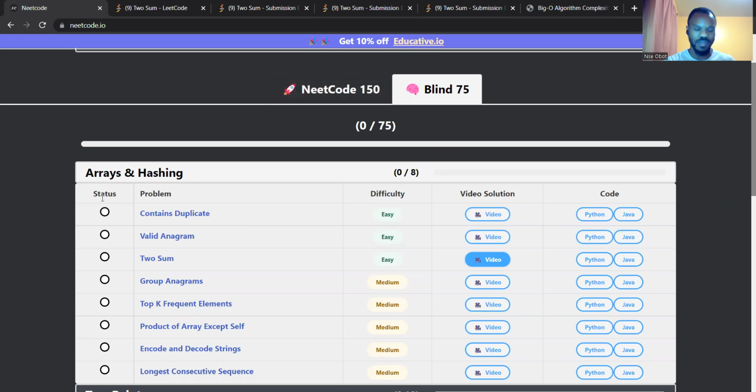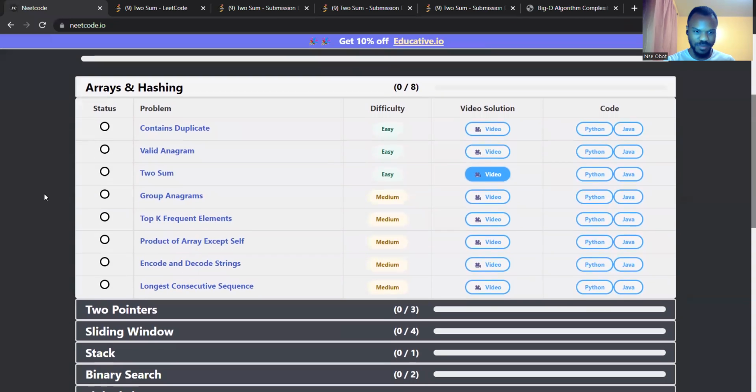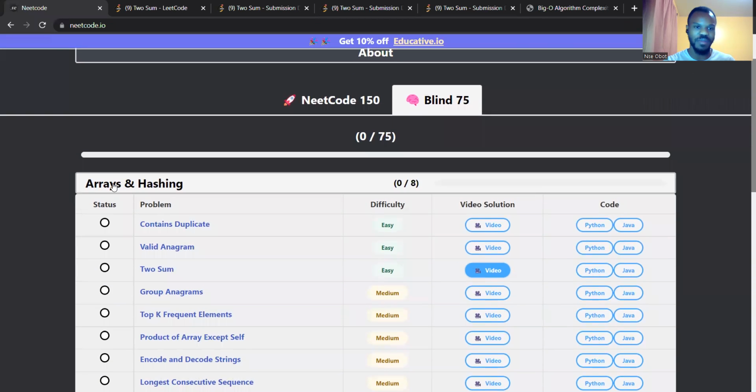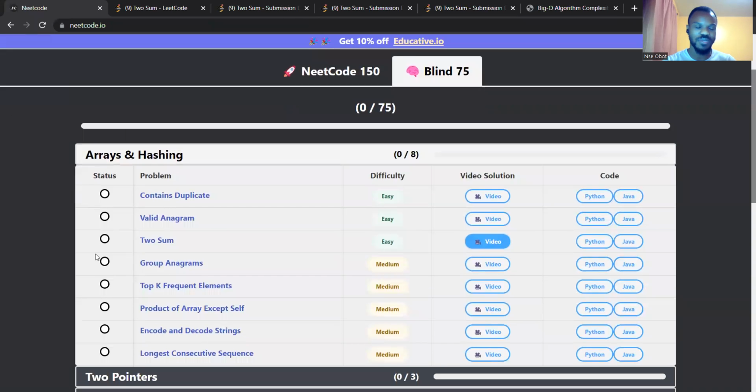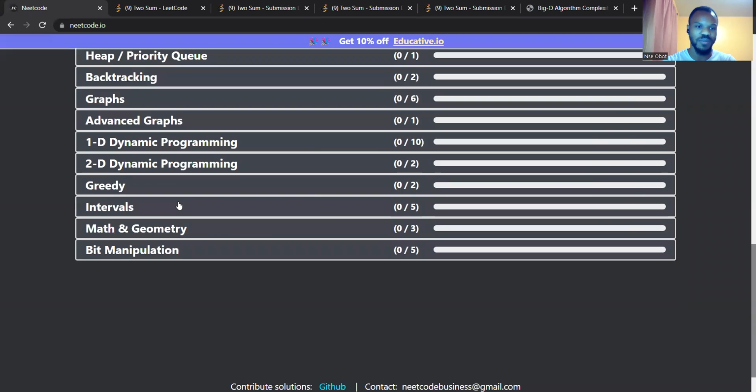The Blind 75 is a list of problems that is used in the industry to help teach certain underlying patterns in these kind of interview questions. So what neetcode.io does is arrange all of those questions into a format that allows you to clearly see what the underlying patterns are for each set of problems.